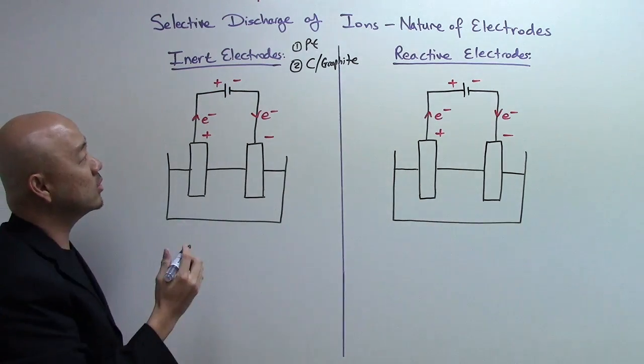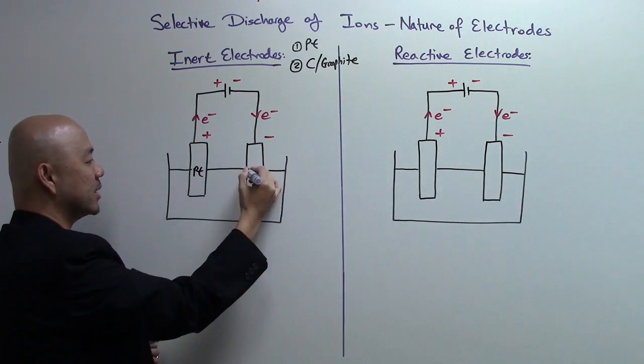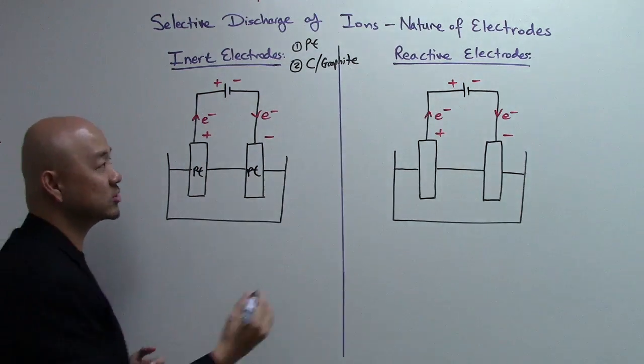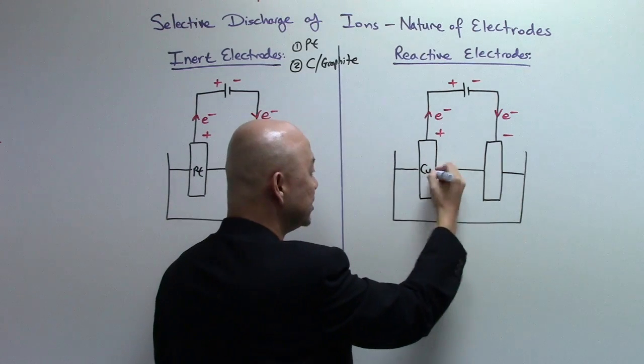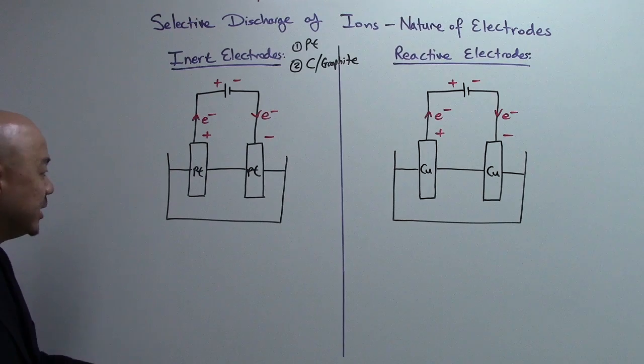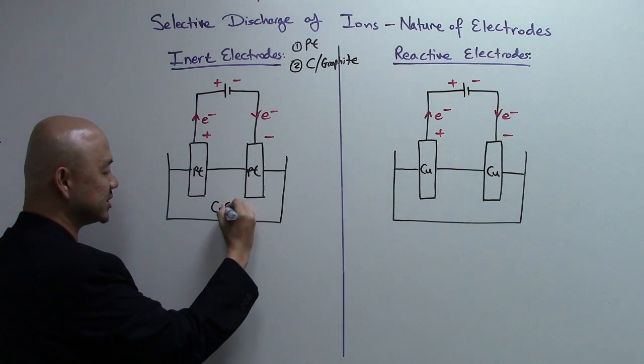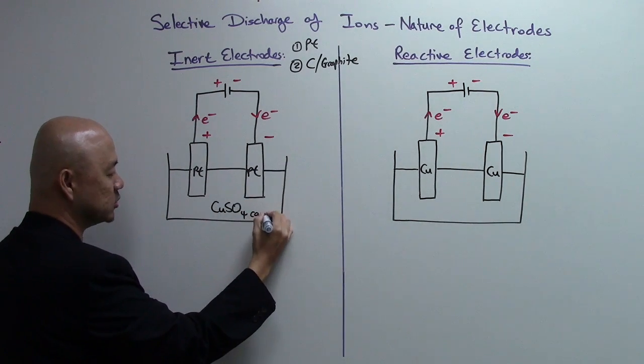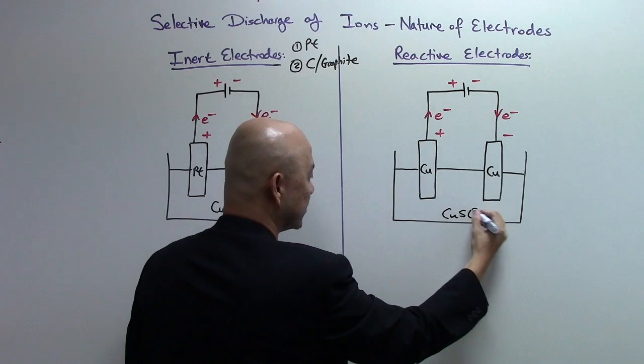So this will be, let's choose platinum as the inert electrode. Here maybe we choose copper as a reactive electrode, and then for the electrolyte I'm going to choose the same one so you don't see the effect. So it's copper(II) sulfate solution.